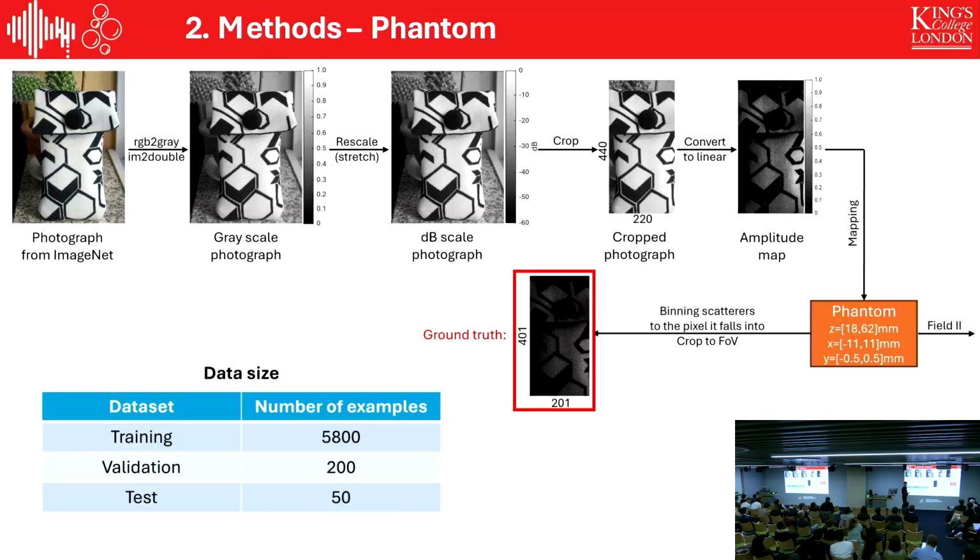In this way, we get the phantom, which can be used in simulation, and we bind every scatterer in this phantom to the pixel it falls into, and we crop it into the field of view. In this way, we get the ground truth in this study.